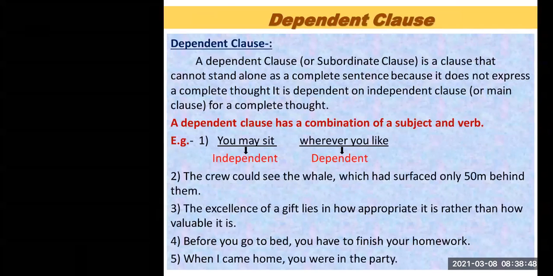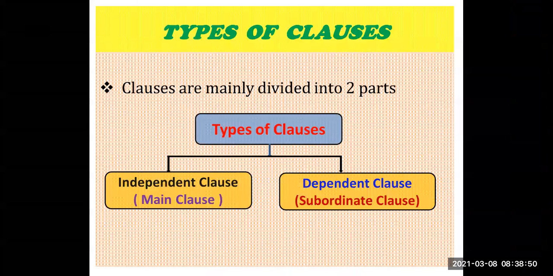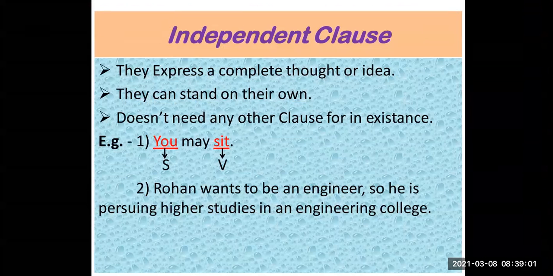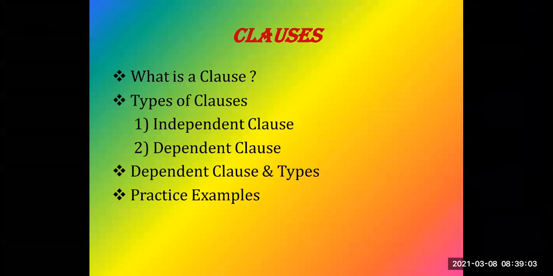Students, remember there are two types of clauses. Independent clause, known as a main clause, and dependent clause, known as a subordinate clause. Does anyone want to ask any questions, students?